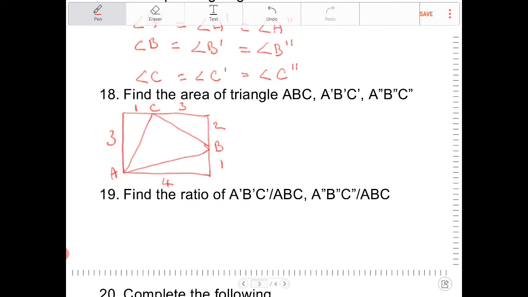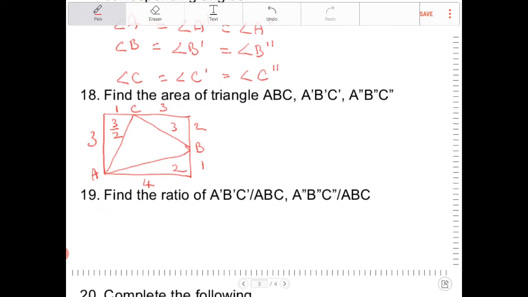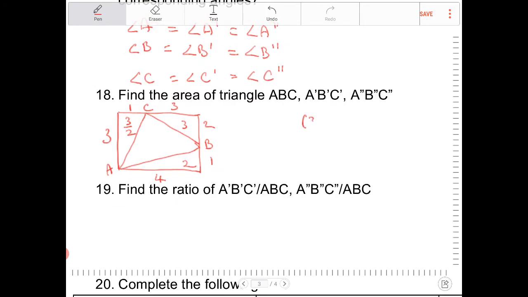So here I can tell that there are 3 right triangles, and that will be an area of 3/2. Over here, this will be an area of 3/4. I'm sorry, not 3/4. What am I doing? Jeez. This will be an area of 3. Then this will be an area of 2. So if I add these right triangles up, I'm going to get 3 plus 2 plus 3/2.